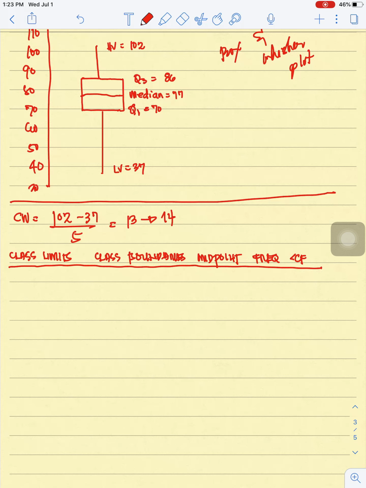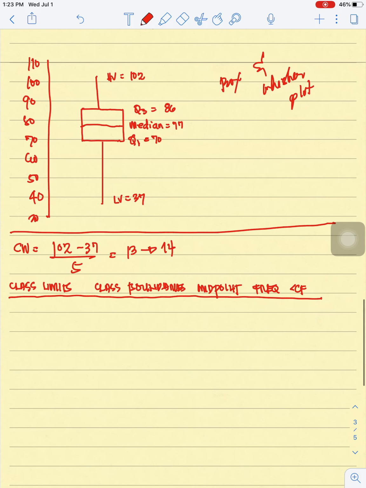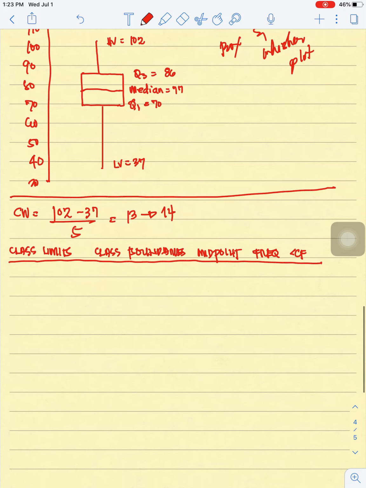Okay, so for the class limits, 14 is our class width. Our lowest value is 37, so let's start with 37. Since our class width is 14, we can just add 14 to 37 for the next lower limit.